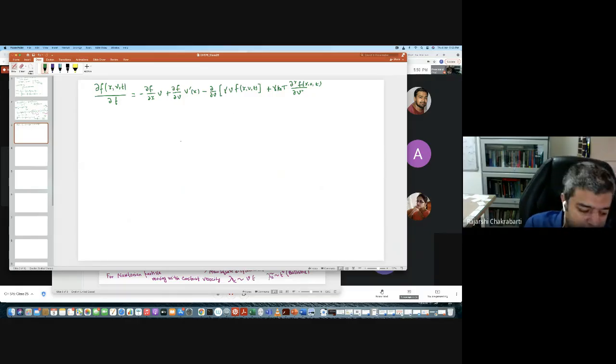This is the Kramers equation. You see that if I take only this part, this part is nothing but what is known as Liouville's equation. This part corresponds to Liouville's equation. Liouville's equation you know already.